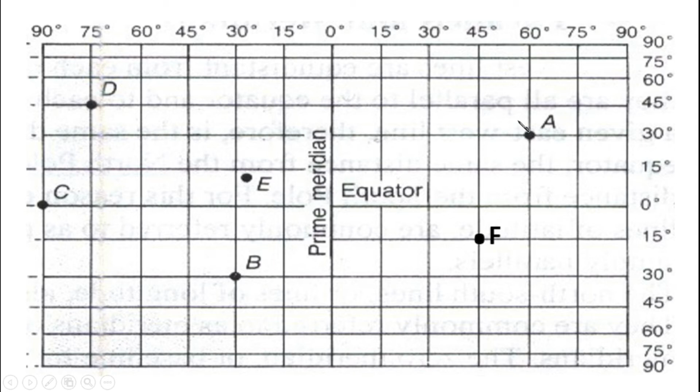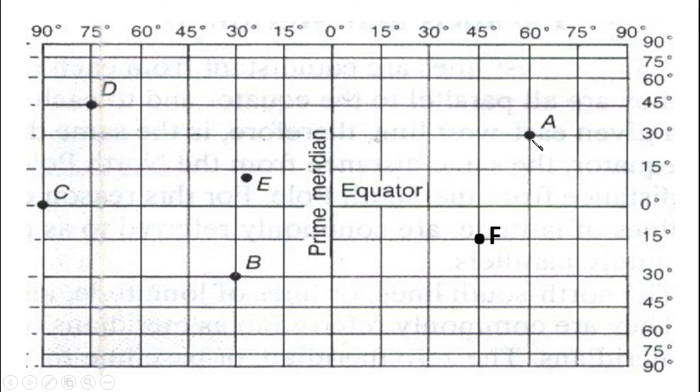Okay, so for example, let's start with point A. What are the coordinates of point A? The first thing you do is look at the latitude. Where can you find the latitude of letter A? Now look at the side. These lines here represent the latitude.